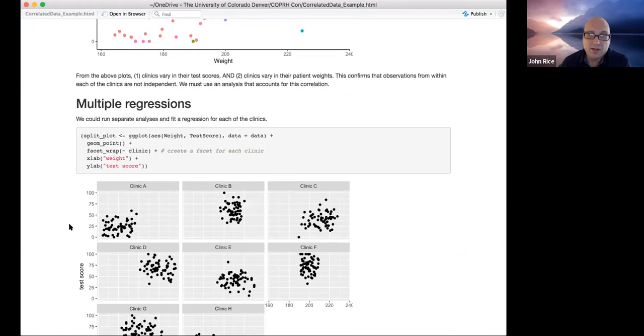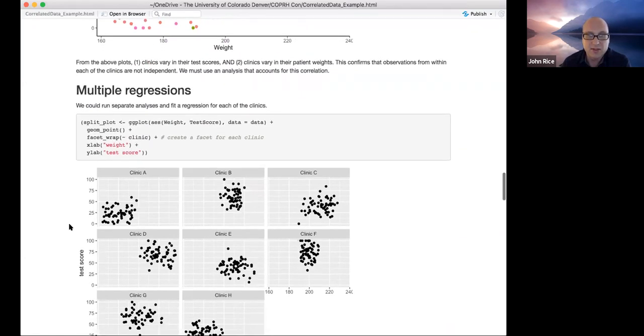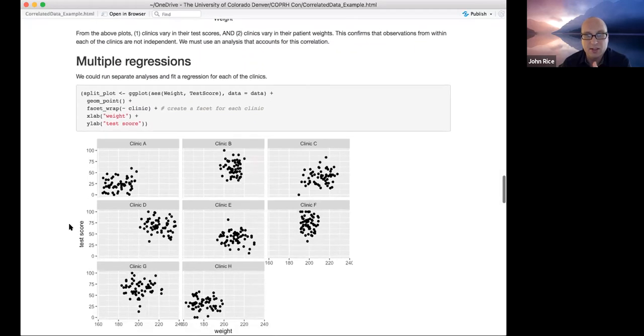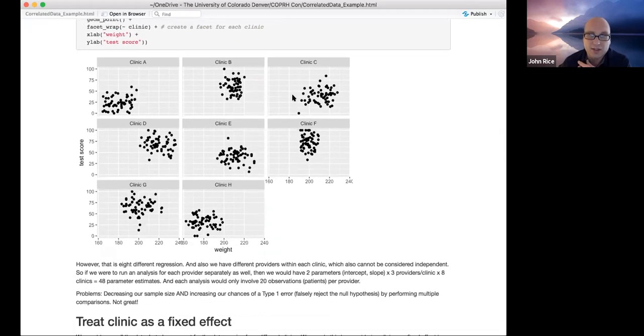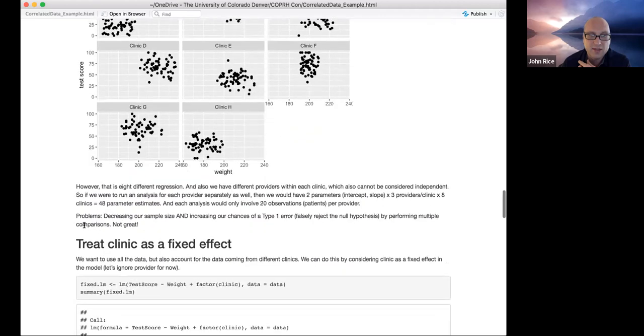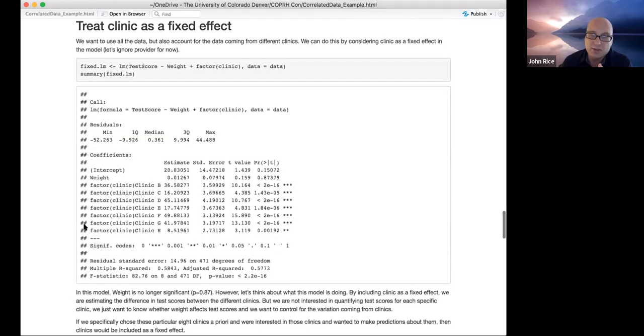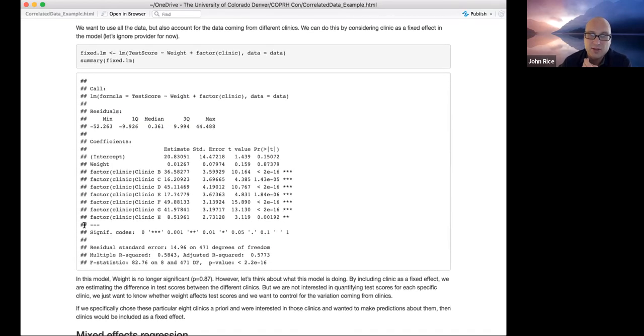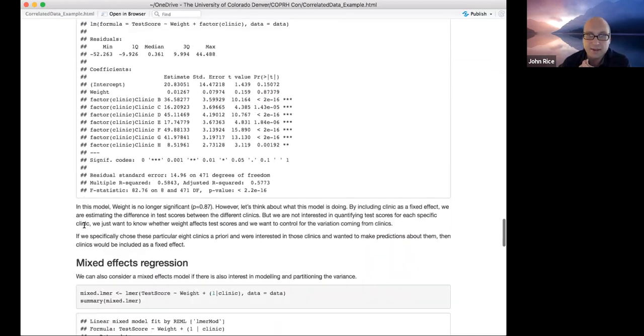Something we could consider, but I'm not going to detail for the sake of time, is multiple regressions within each clinic, which is kind of dividing everything into these scatter plots, or treating clinic as a fixed effect, which makes certain assumptions, and again, is generally not the way to go for clustered data.